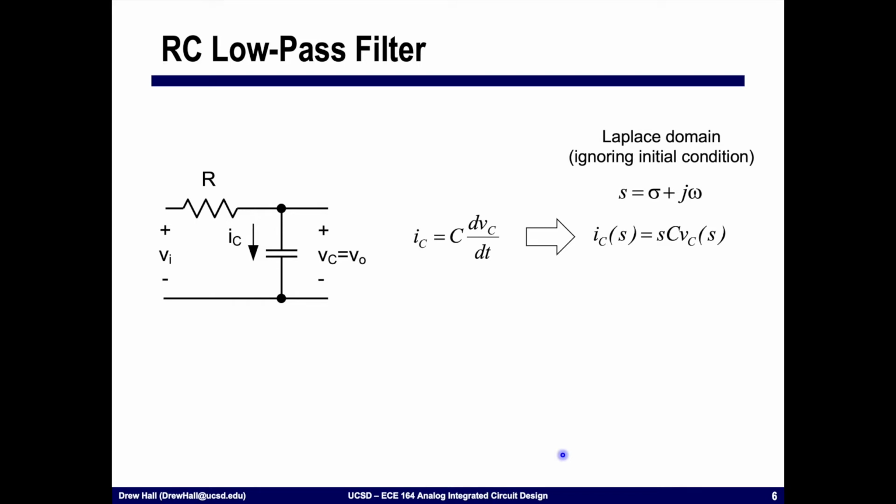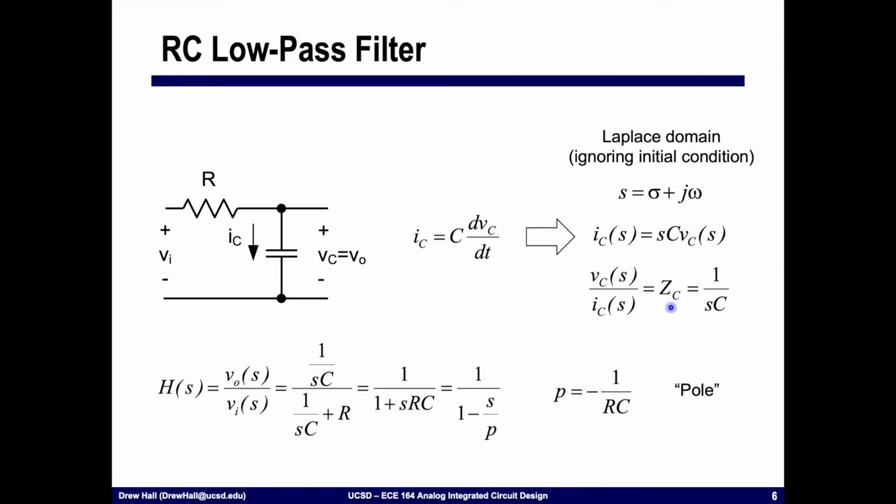I can use the Laplace transform to transfer this to the S domain, so the S domain equivalent is S times C times the voltage across this capacitor, Vc(S). Then I can derive the voltage across this capacitor divided by the current. This is simply the impedance of this capacitor, which is equal to 1 over SC.